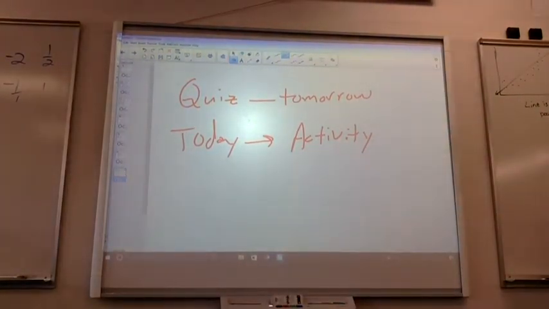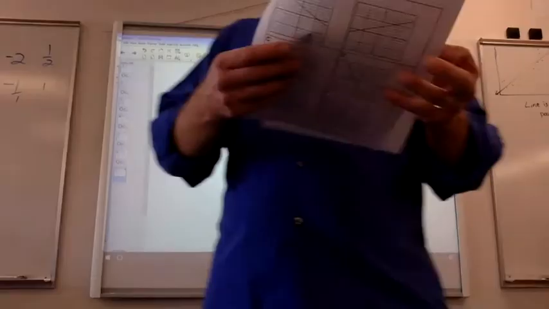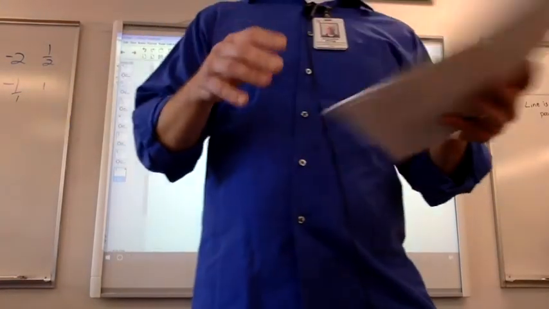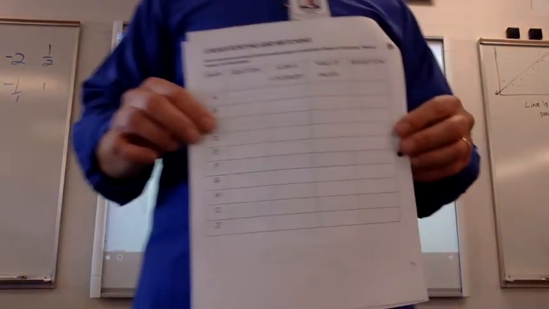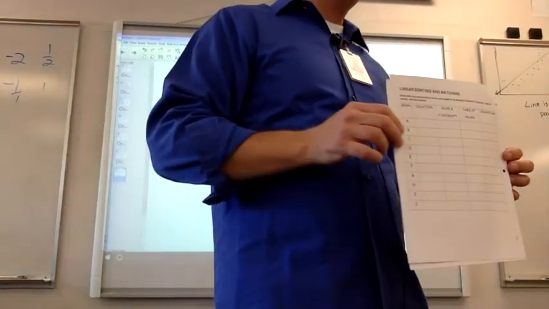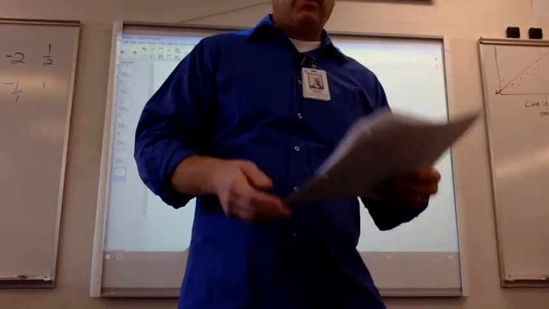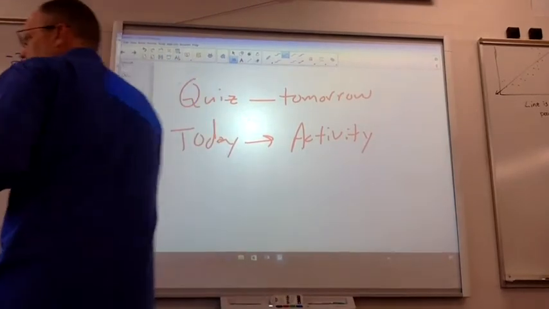All right. So this is a sorting and matching activity. So don't pay attention to the first page, but your second page is this grid. Agree? It's this grid. So what you're going to do is, let me pull this up.